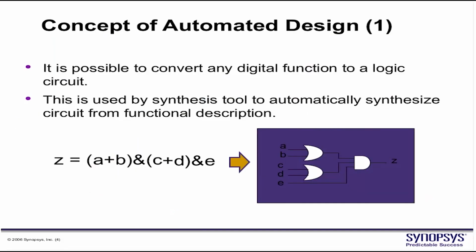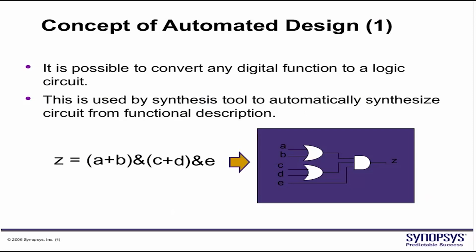The concept of automated design is that theoretically it is possible to convert any digital function to a logic circuit. This is what is done by the synthesis tool. It automatically synthesizes a circuit from a function description.